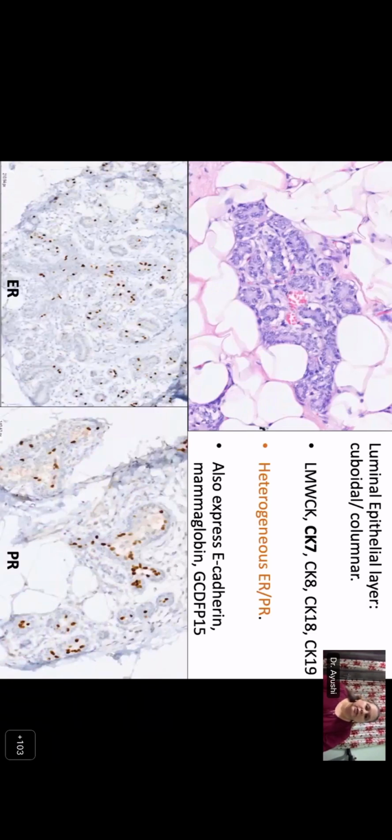So we use certain immunomarkers to identify both the layers. For the epithelial cells, we generally use CK7, and because these epithelial cells are responsive to hormones in the body, they show heterogeneous estrogen and progesterone receptor expression.